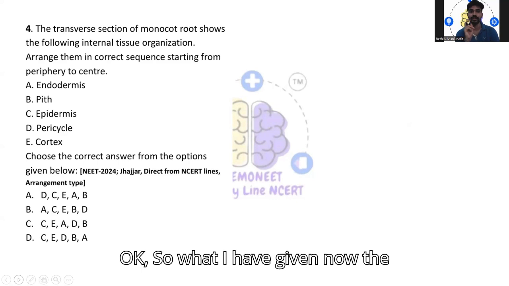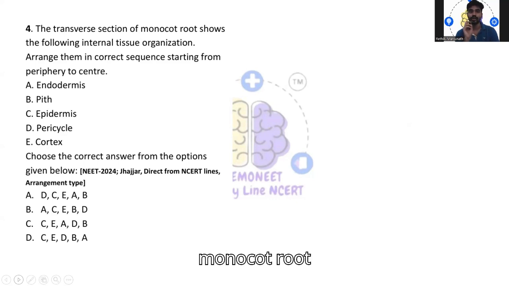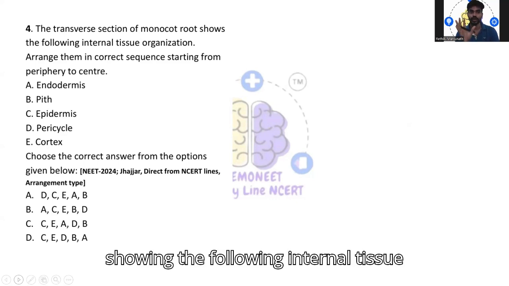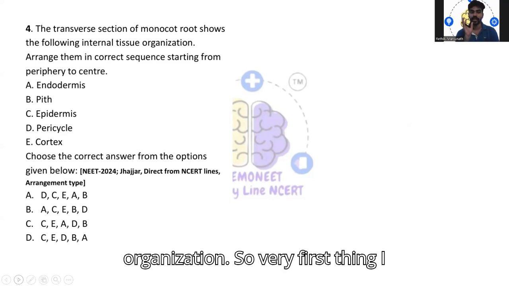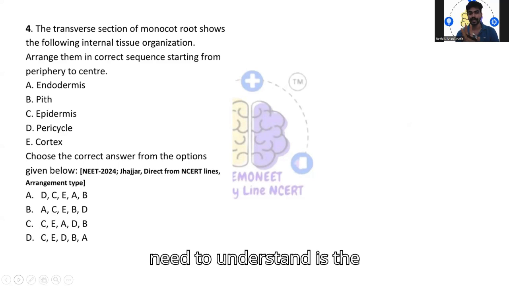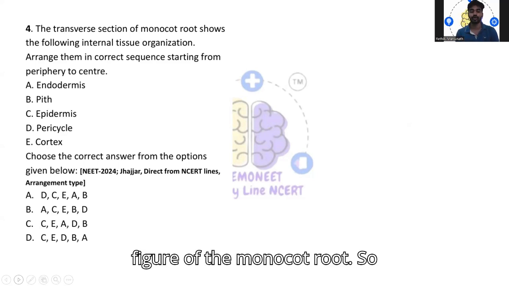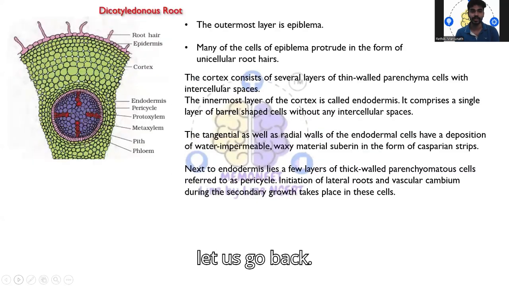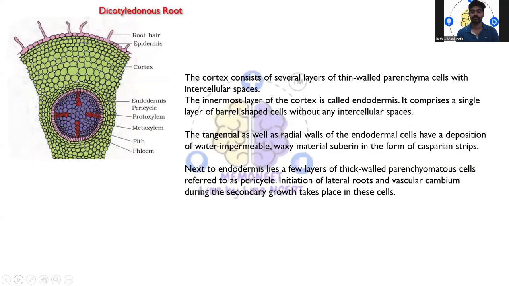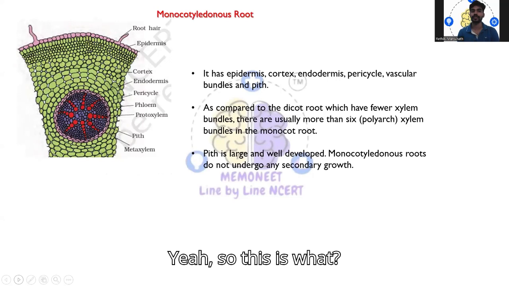The very first thing I need to understand is the figure of the monocot root. So let us go back. Yeah, so this is the monocot root.